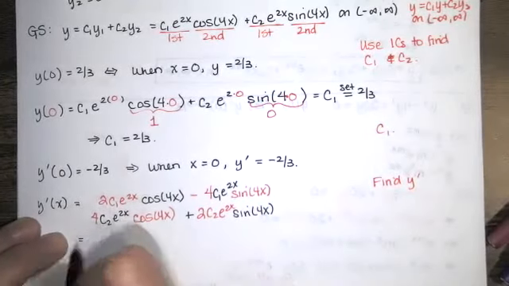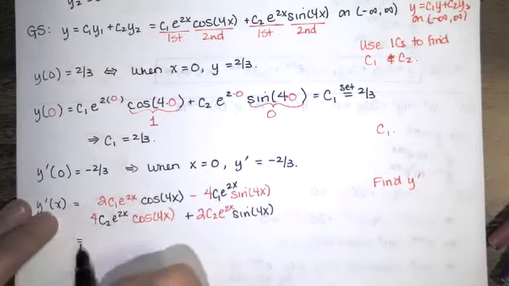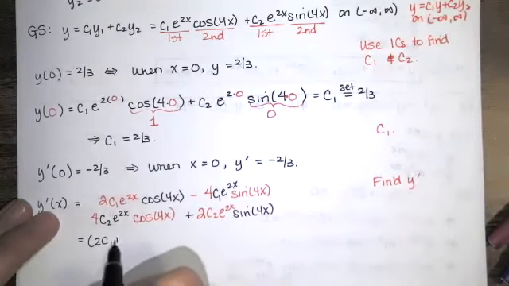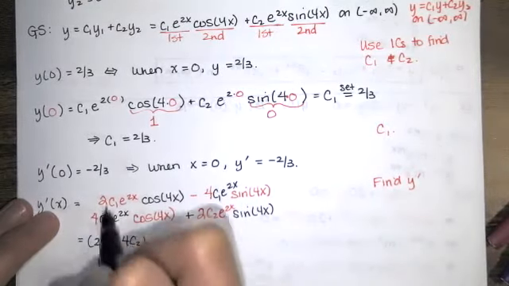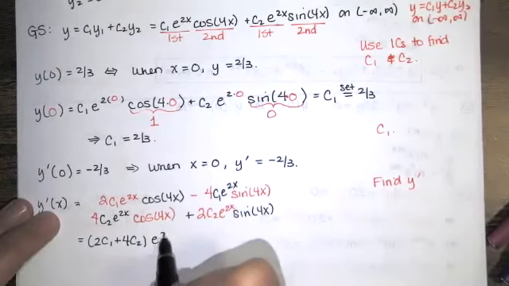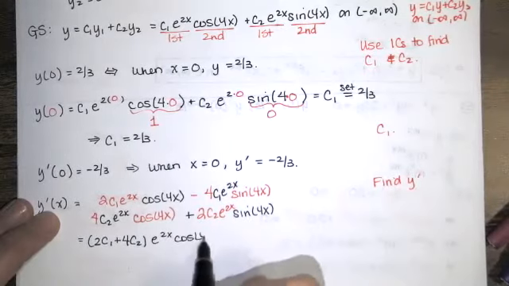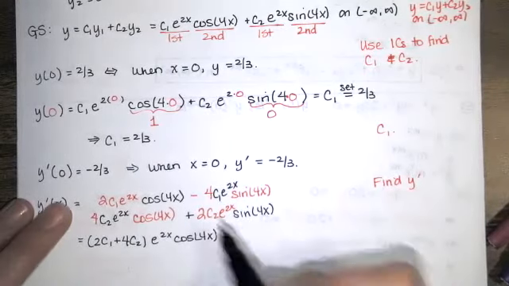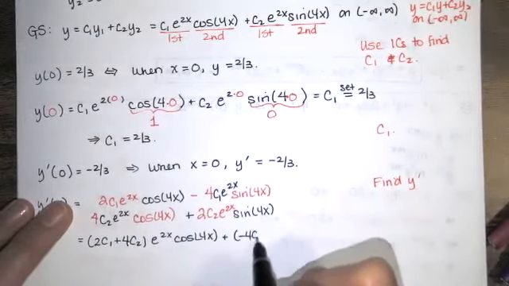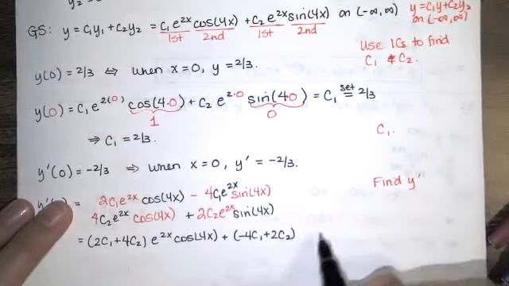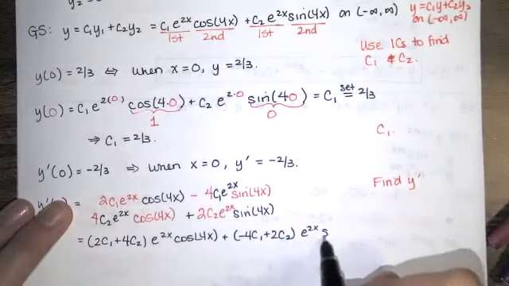So when you add these together, we actually get 2C1 plus 4C2, add those coefficients, times the exponential times cosine of 4x. And then over here we have a negative 4C1 plus 2C2 times the exponential times sine of 4x.